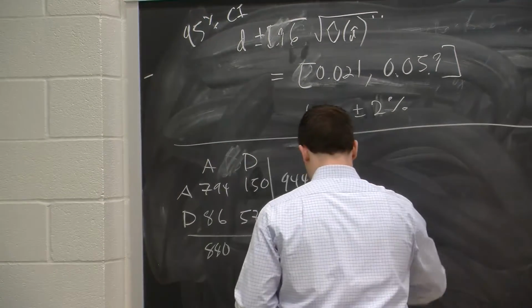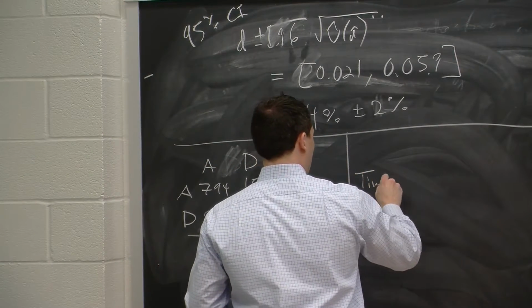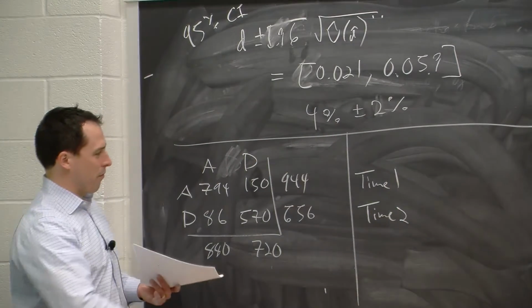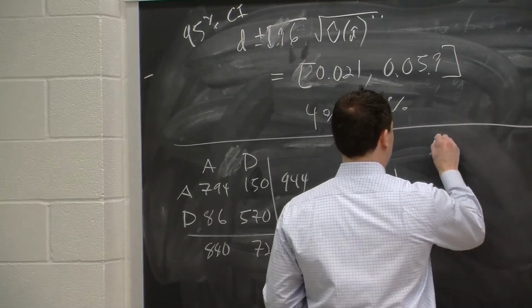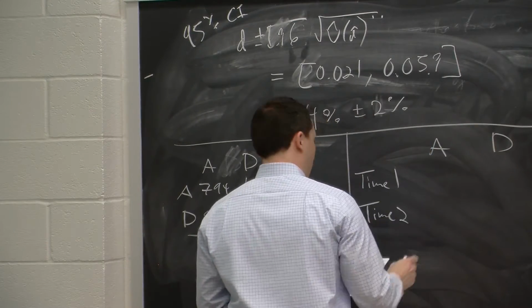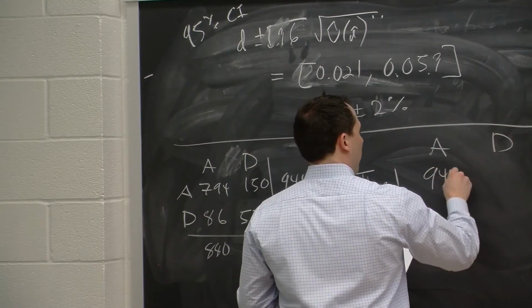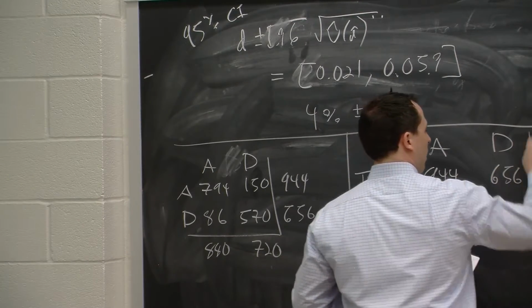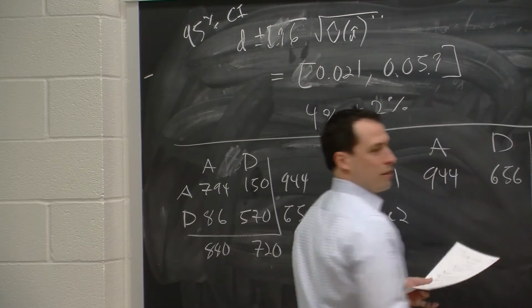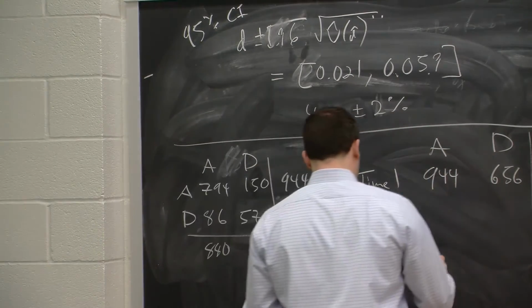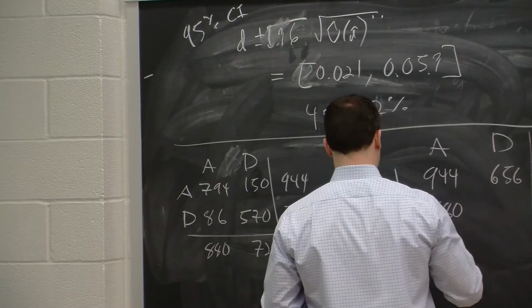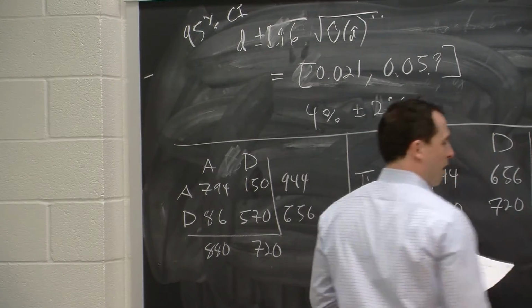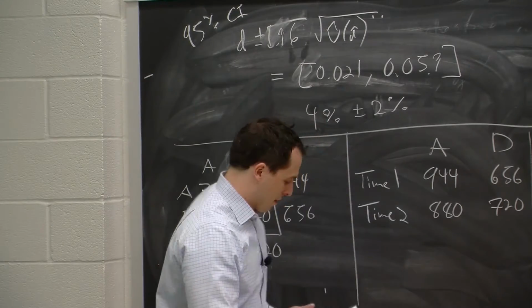If we think about it as two cross sections, I have a time 1 and a time 2, and I'm calling two completely separate independent groups. At time 1, a total of 944 people approved and 656 disapproved, and there were 1,600 in the sample. At time 2, 880 approved and 720 disapproved, and there were 1,600 in the sample. And we're thinking of these as different samples of size 1,600.